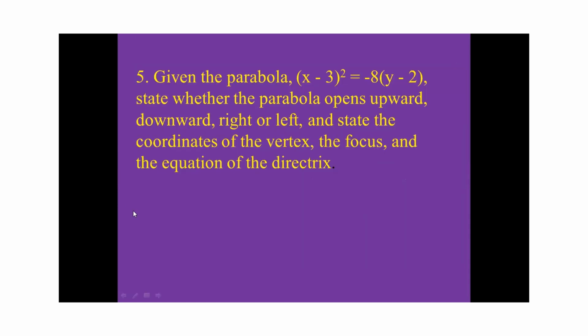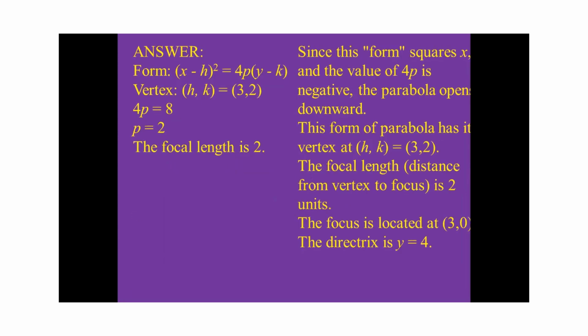Given the parabola (x minus 3) squared equals minus 8(y minus 2), state whether the parabola opens upward, downward, right, or left, and state the coordinates of the vertex, the focus, and the equation of the directrix. Here 4p equals 8, so the value of p is 2.